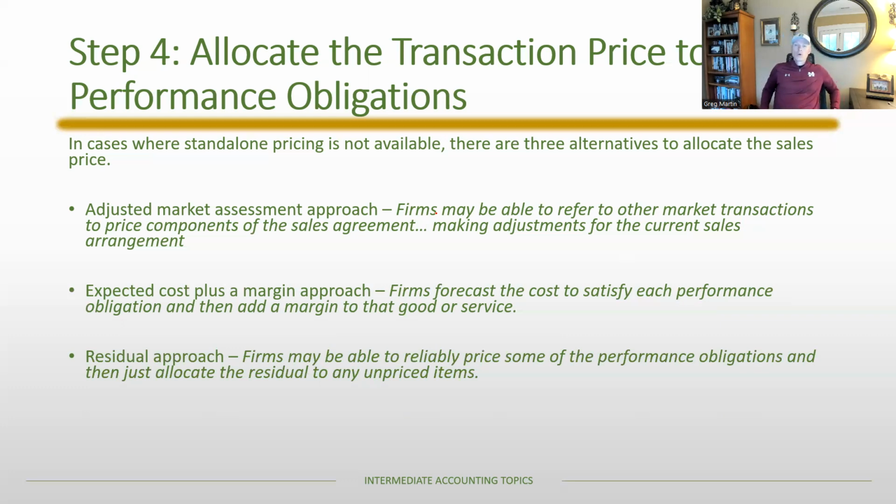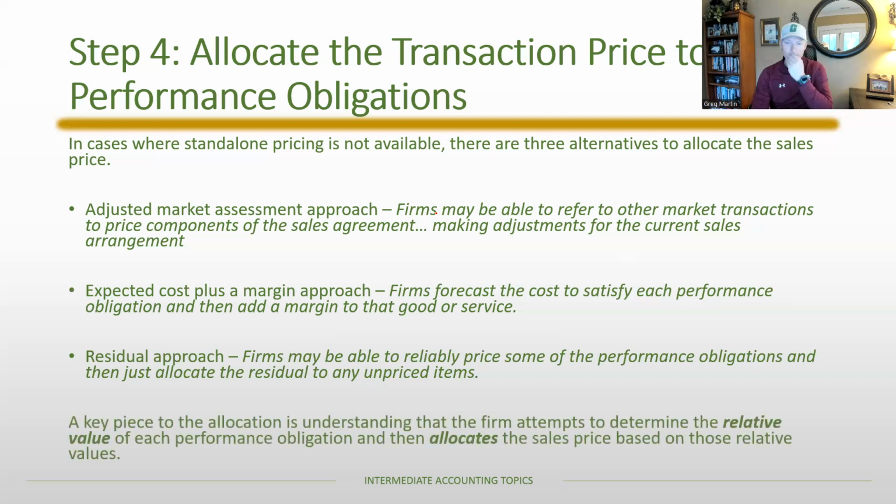In that case, what you'll end up doing is this residual value approach. And again, we'll illustrate that. Okay, so in each one of these cases, you're really thinking about relative value. So whether it's standalone pricing or whether it's a fair value assessment of the price, you're trying to figure out the relative value of each item, and then you allocate according to that relative value.